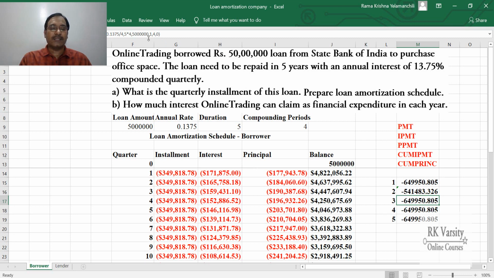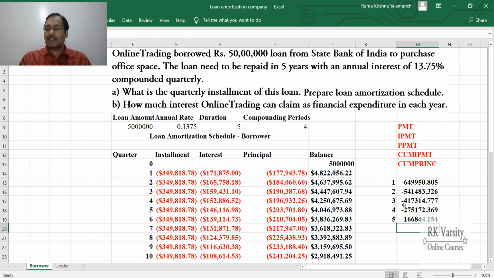In the third year, it starts with the 9th quarter and ends with the 12th quarter. And the fourth year starts with the 13th quarter and ends with the 16th quarter. Your fifth year starts with the 17th quarter and ends with the 20th quarter.